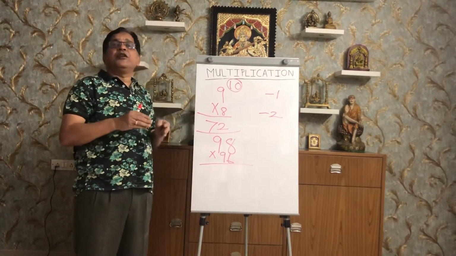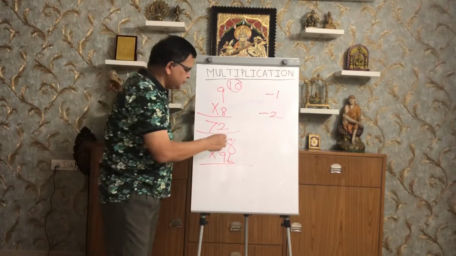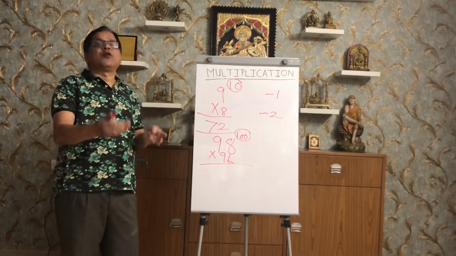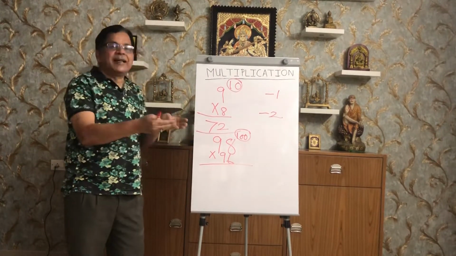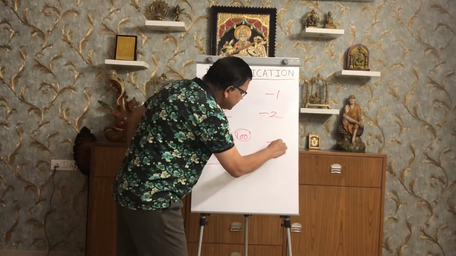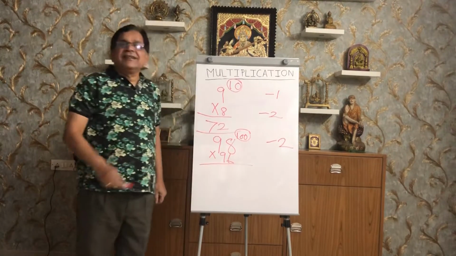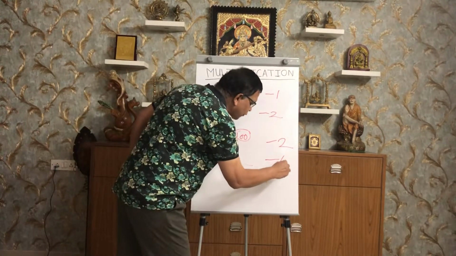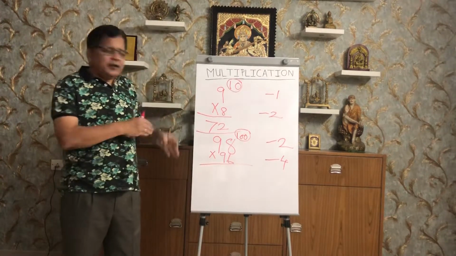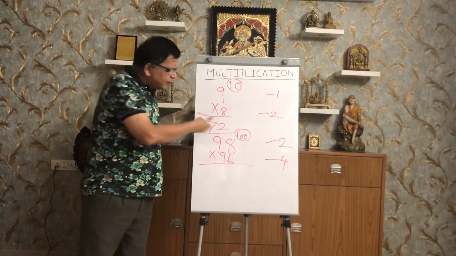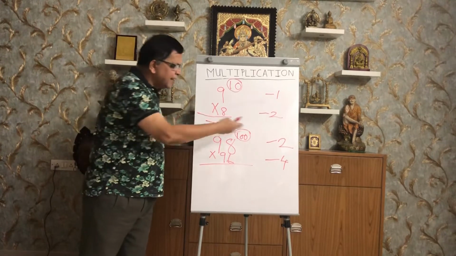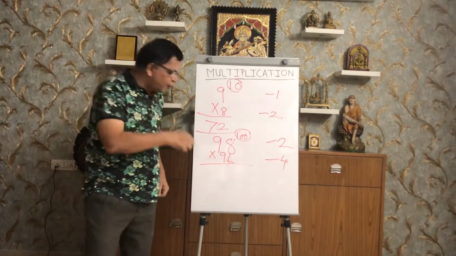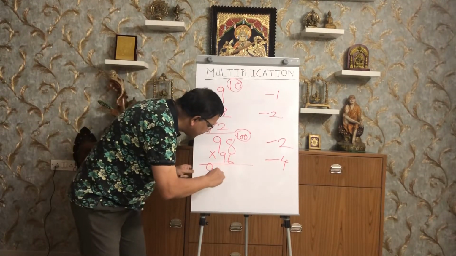So here I am going to use 100 as the base. 98 minus 100 gives minus 2. Next, 96 minus 100 is minus 4. Now if I do the cross addition of both the numbers, 98 and minus 4, or 96 and minus 2, you get 94, which forms the most significant number.